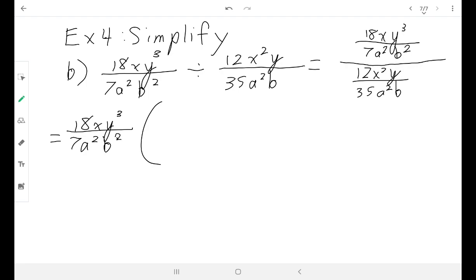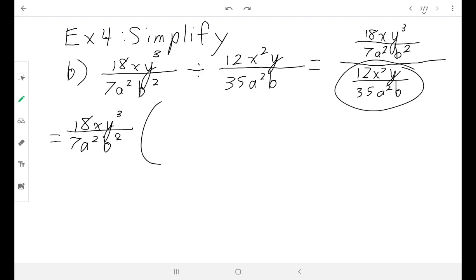times. So one of the mnemonics for changing division into multiplication by reciprocal is keep. You keep the first thing, change to multiplication, keep, change, flip.